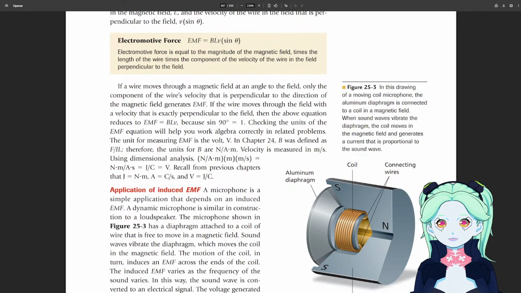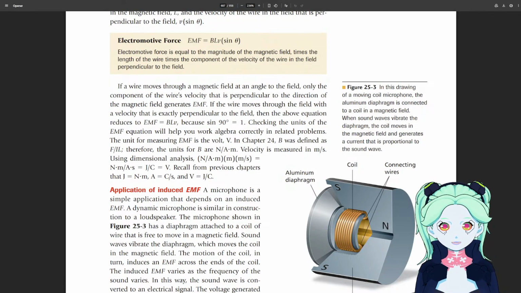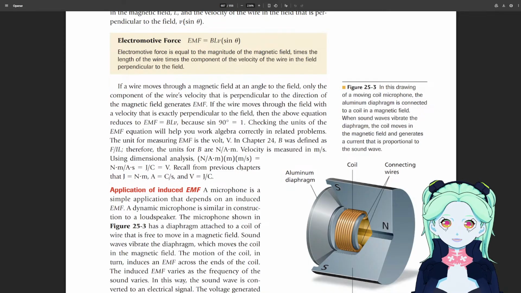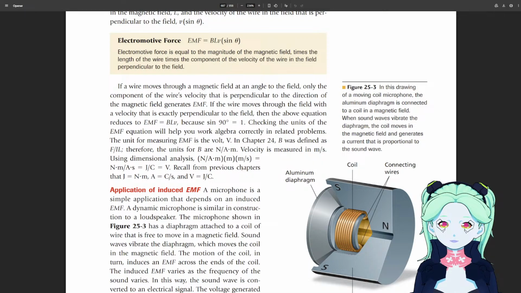A dynamic microphone is similar in construction to a loudspeaker. The microphone shown in Figure 25.3 has a diaphragm attached to a coil of wire that is free to move in a magnetic field. Sound waves vibrate the diaphragm, which moves the coil in the magnetic field. The motion of the coil, in turn, induces an EMF across the ends of the coil.